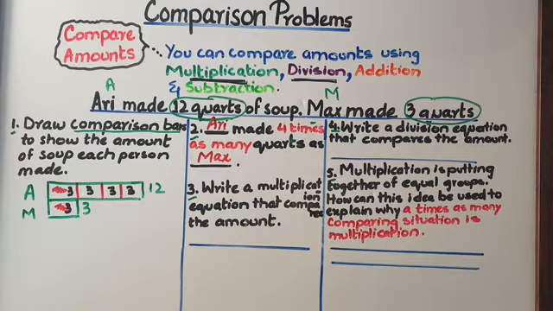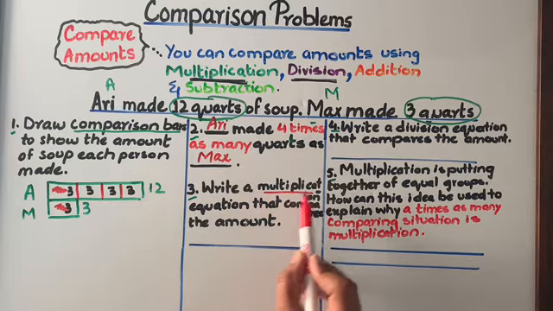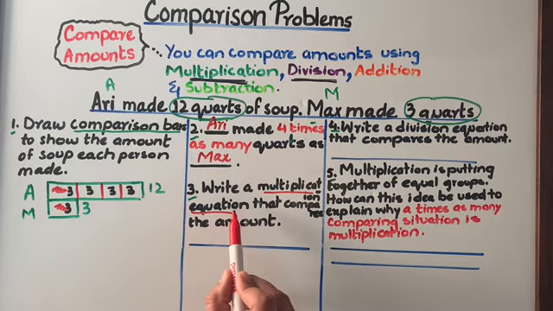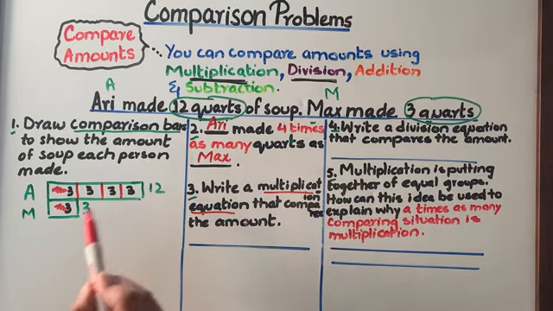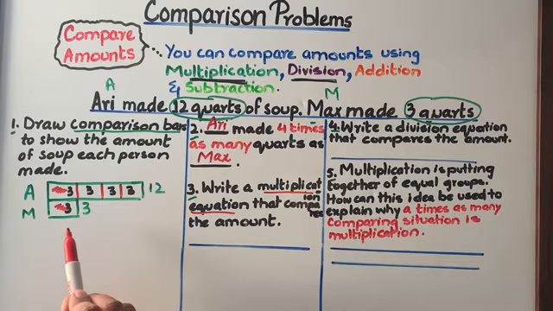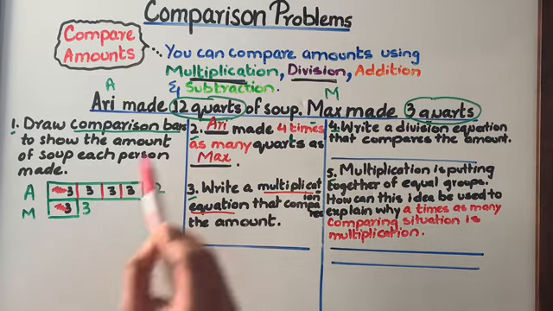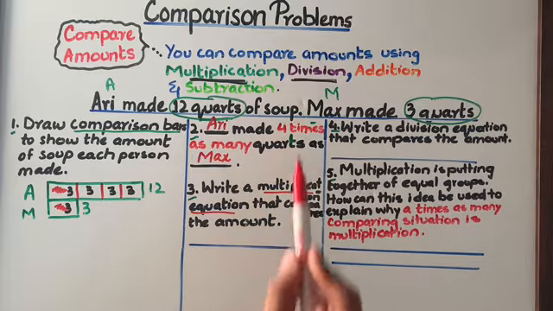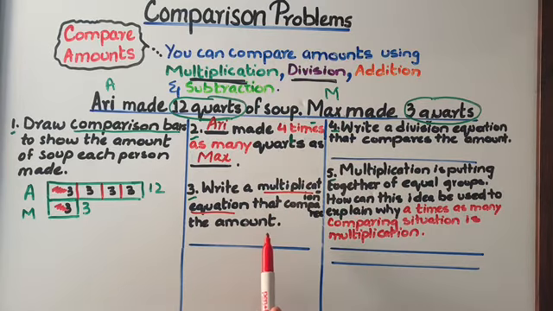Now move on to the third part of this problem. The third part says write a multiplication equation that compares the amounts. Remember, we are using comparison bars and our purpose is to compare amounts using multiplication and division. So in the third part of this question, we have to write a multiplication equation.